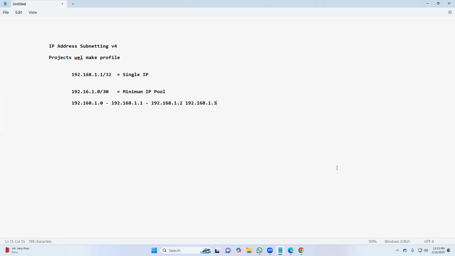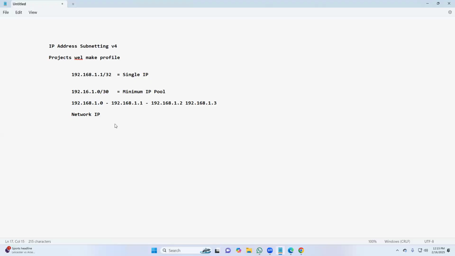The first IP is 0. It means this is the network IP. You can't use the network IP on an end user. First IP is always a network IP. Remember this, it's a constant. You can't use it in any network.